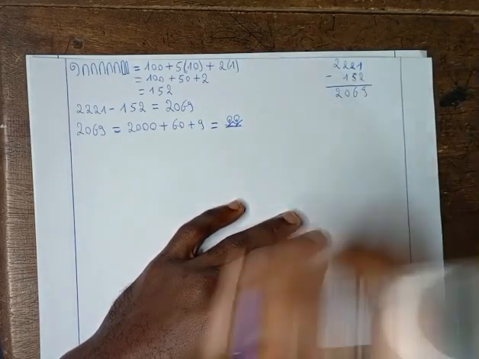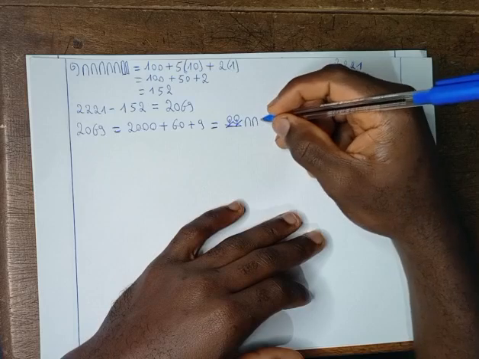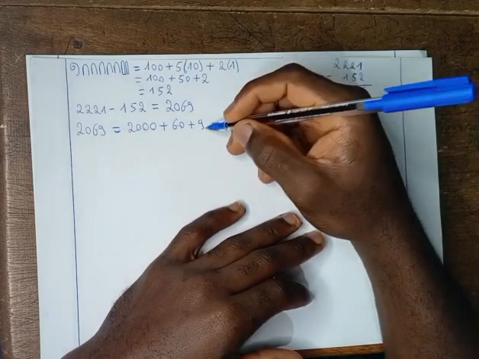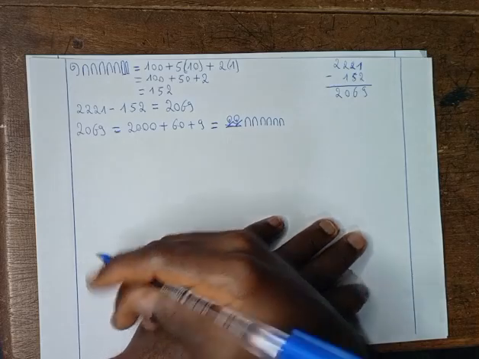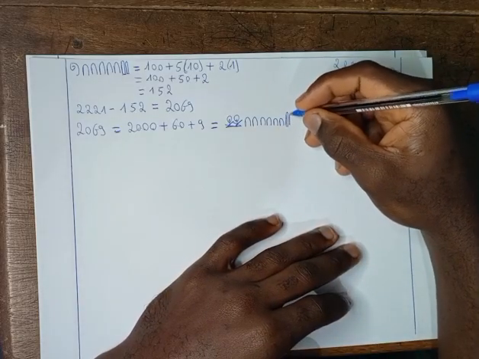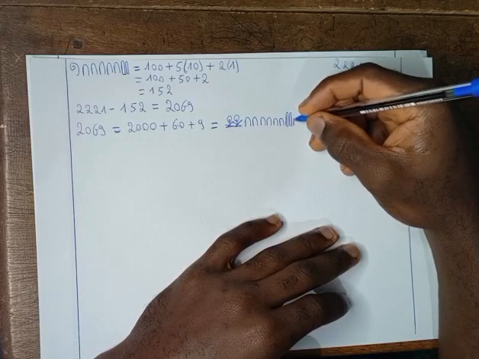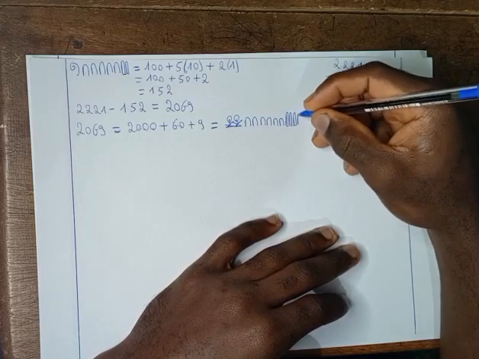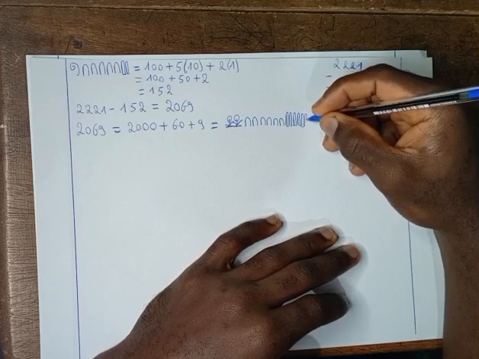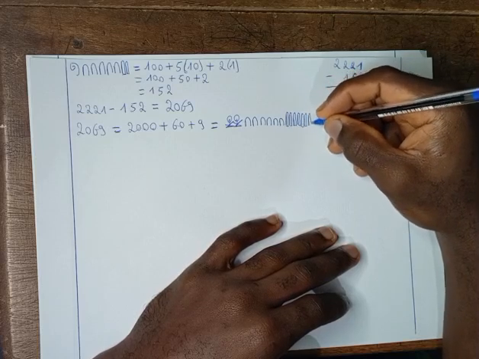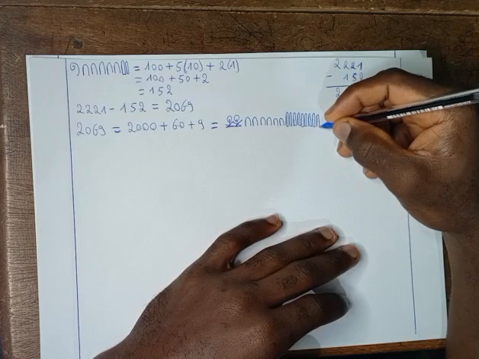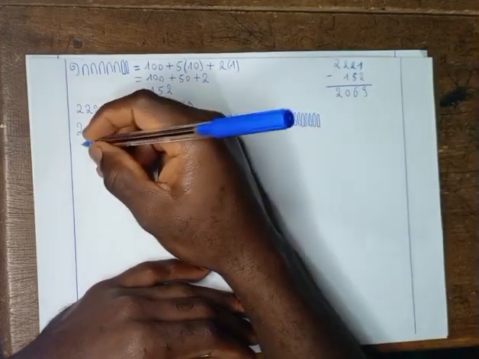So 60 will be represented by using 6 heel bones. Next, 9. They represented 1 by using a straight finger. So 9 will be represented by using 9 straight fingers. 1, 2, 3, 4, 5, 6, 7, 8, 9.